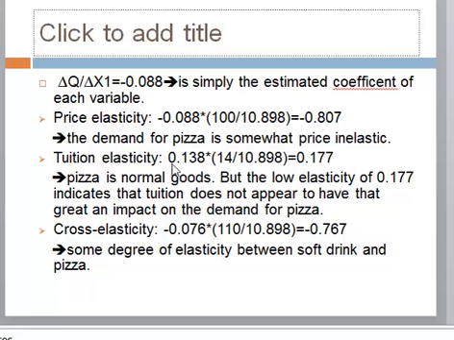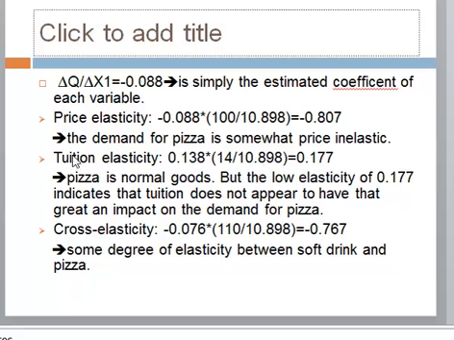Tuition elasticity is the coefficient for tuition, x2, 0.138, times the value we assumed for the tuition, 14, divided by 10.898, the value we calculated for the quantity.